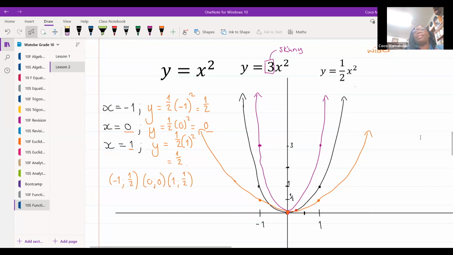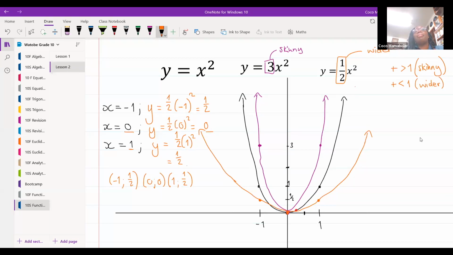The number in front of x squared, the coefficient of x squared: if it's positive and greater than 1, then my graph gets skinny. If it's positive and less than 1, then my graph gets wider.